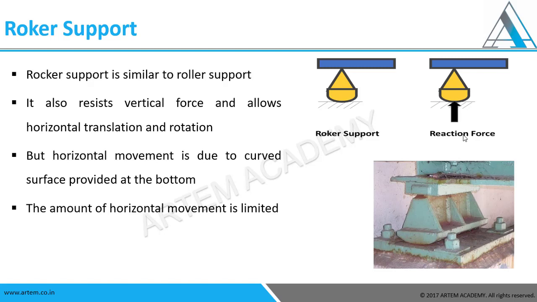So it will provide little movement but it won't roll too much. That means there is a limitation in the horizontal movement, whereas in the roller support there is no limitation. It can expand to whatever free part it can go.